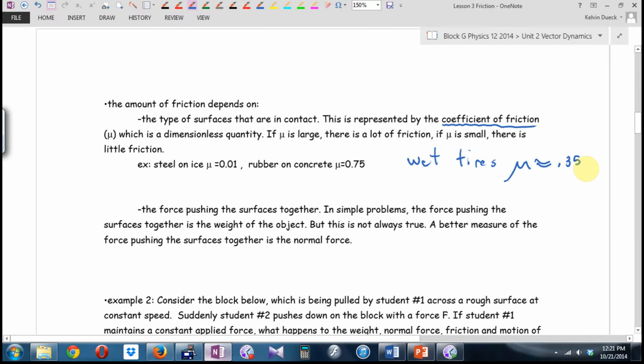When it's raining, your coefficient of friction goes down by about 50%. What that means is that it has nothing to do with your skill as a driver. You cannot demand more of friction than it's capable of doing. You need to slow down or budget more time to stop when it's raining.